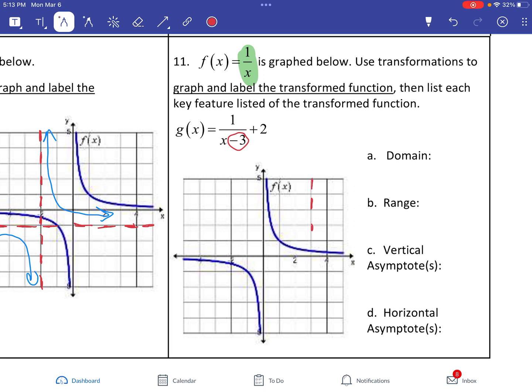So it'll be right here. The +2 is a vertical shift, which moves your horizontal asymptote 2 spots up. So your new graph will be here and here.